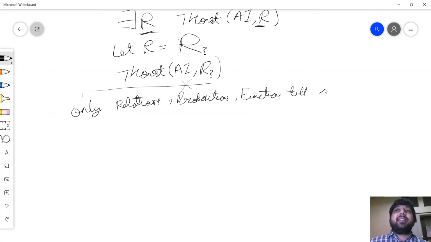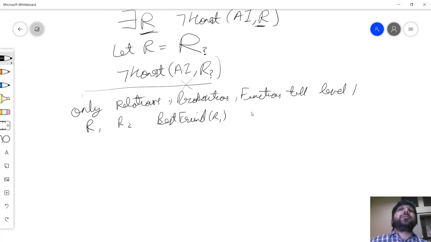Till level 1, so I only apply level 1. I take R1, I take R2, I only take best friend(R1). I do not take best friend(best friend(R1)), that's level 2.